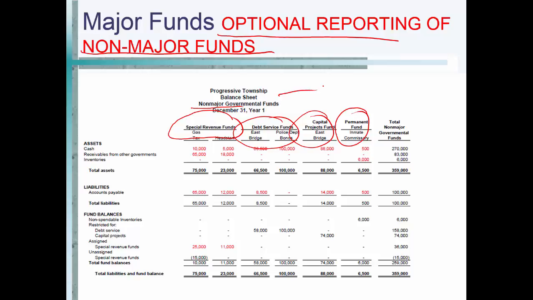And if they're not a major fund, what does that mean? What test did they not pass? They didn't pass the 10% and the 5% test. They're a non-major fund. And if a government wanted to, they could show you the detail of all those non-major funds in a supplemental reporting. I probably shouldn't call it supplemental. Yeah, I guess it is. It is supplemental, but it's not required supplemental information. It is what? Optional. But are they giving me the detail here as to what was in that column, other funds? Okay. So that's all that is.